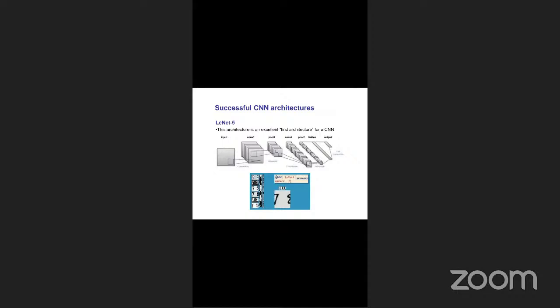So we have so many models. One is called LeNet-5, which I want to share with you. This actually came from Yann LeCun. The neural network concept all started in the 1950s by Hubel and Wiesel.